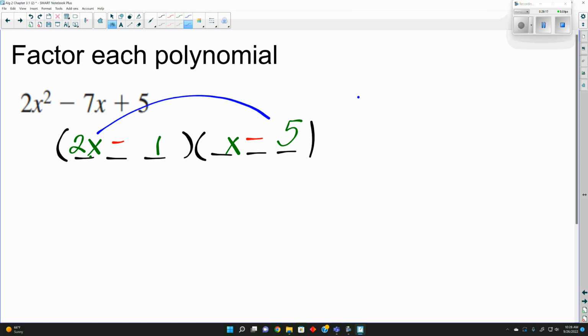Two times negative 5 is negative 10x. 1 times negative 11x. So what do we want to switch?